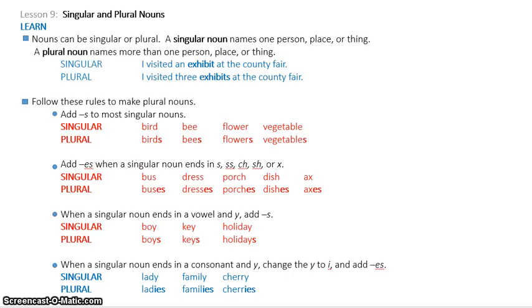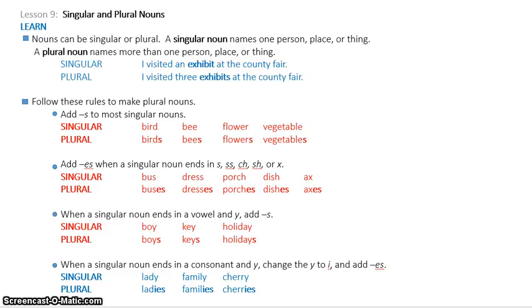What comes immediately before the Y? It's the vowel O, so all I'm going to do is add the S after the Y. Look at the word key. I look at the letter immediately before the Y. It's the vowel E, so all I'm going to do is add an S to make it plural.